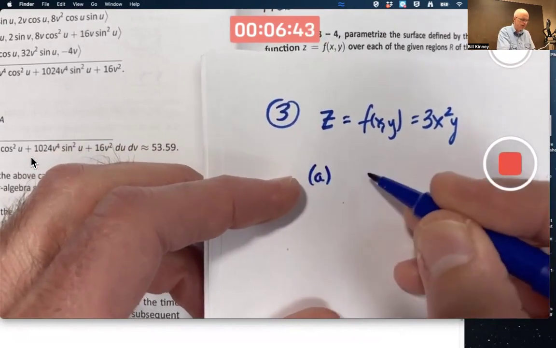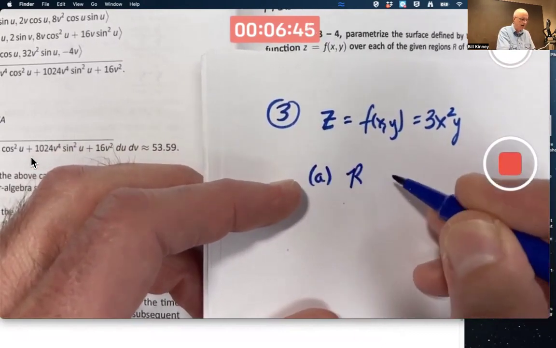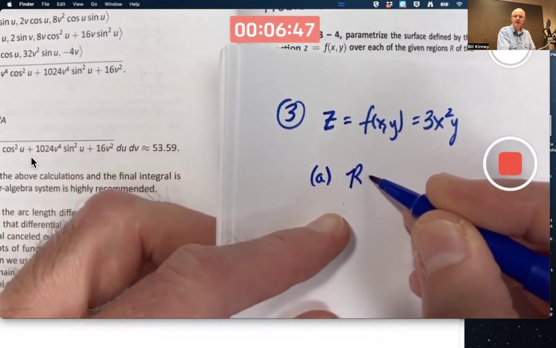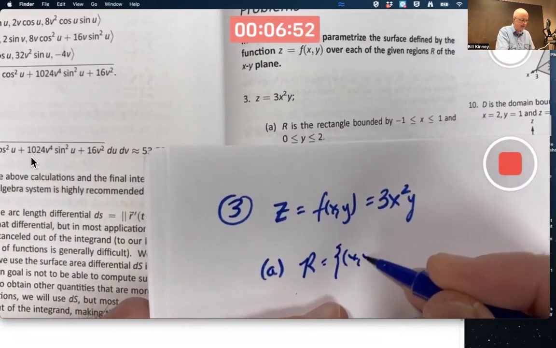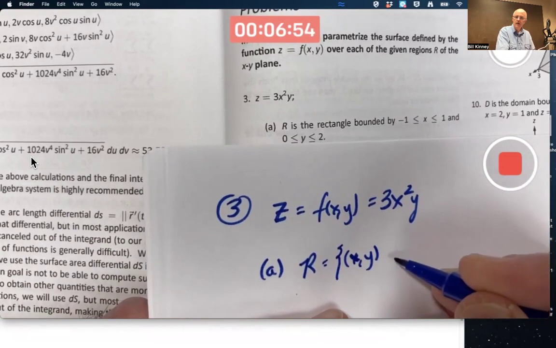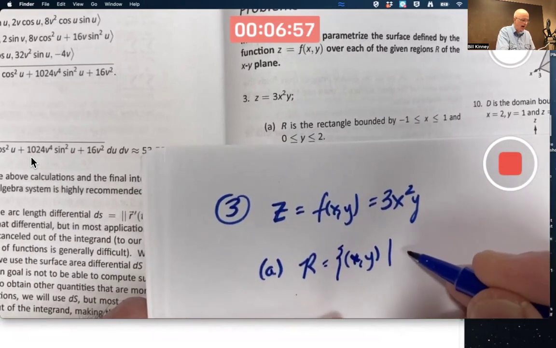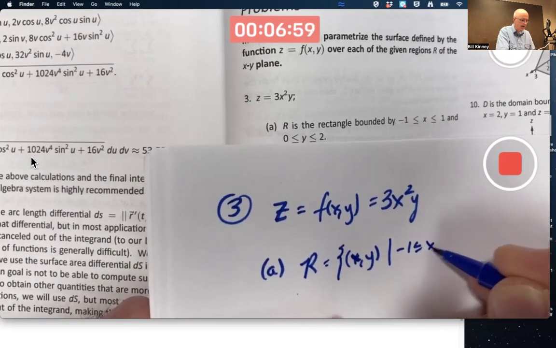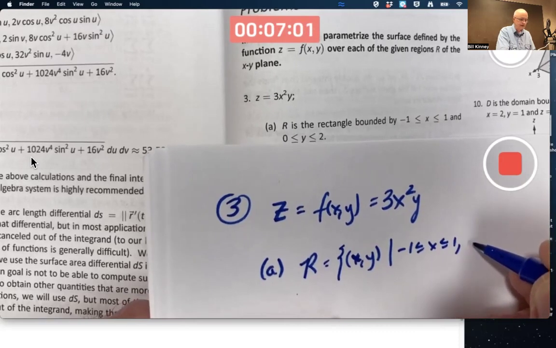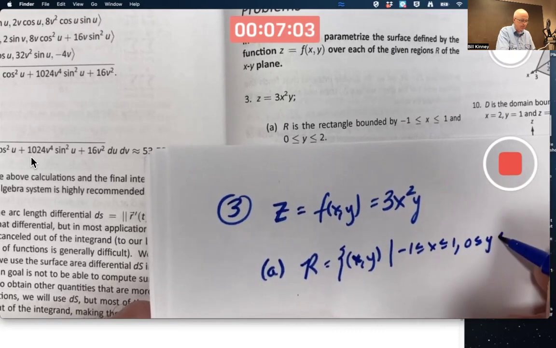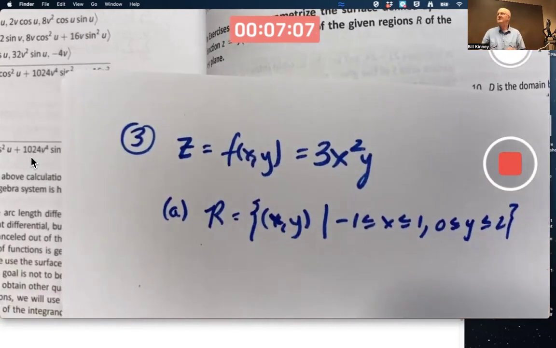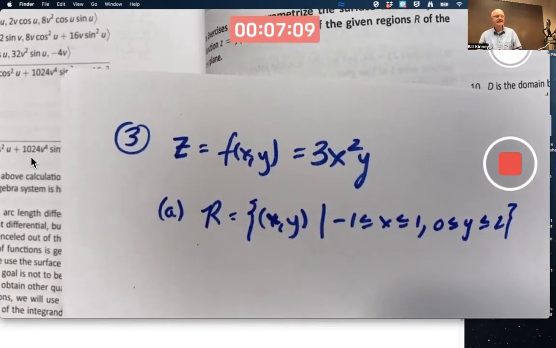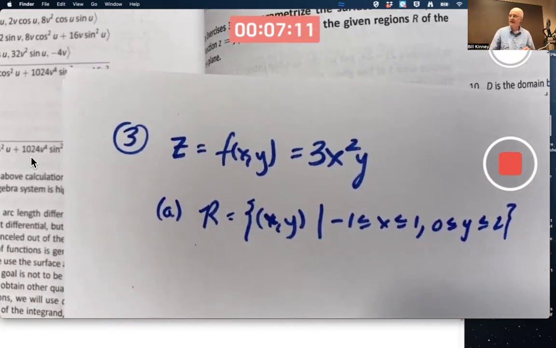For Part A, the rectangle R, we could use set builder notation if we like, and write it as the set of points (X, Y) where X goes between -1 and 1, and Y goes between 0 and 2. Parameterizing over a rectangle is fairly easy. It gets harder when it's not a rectangle.